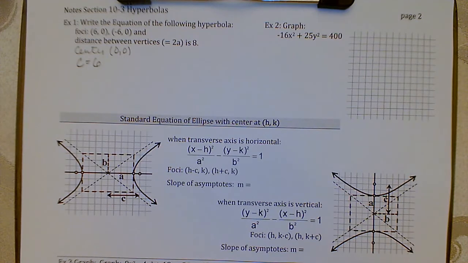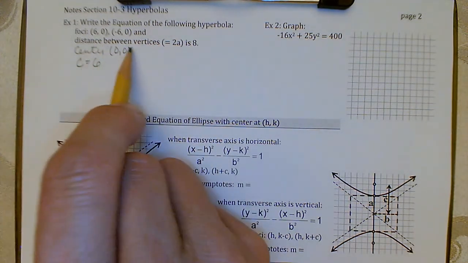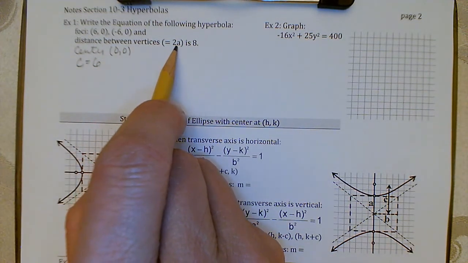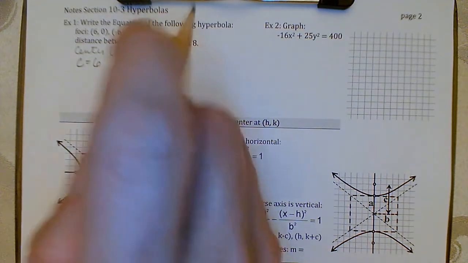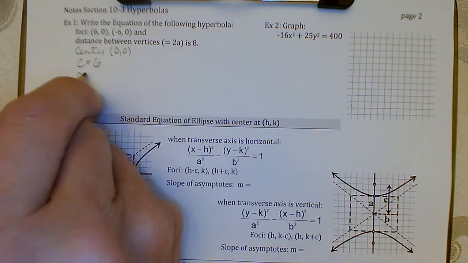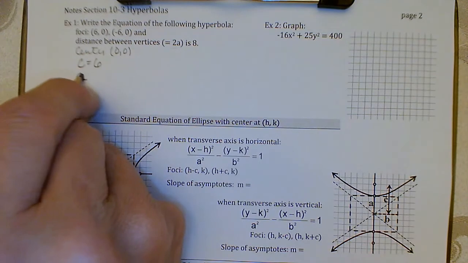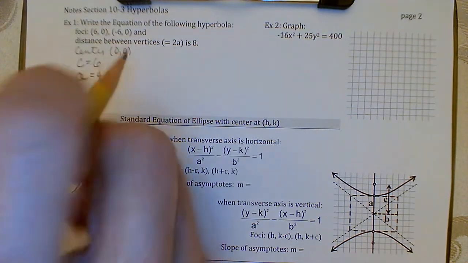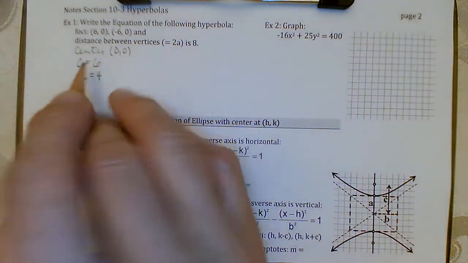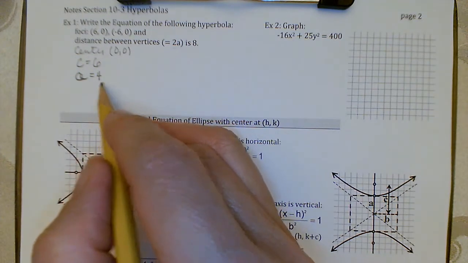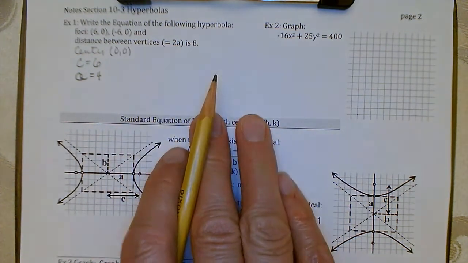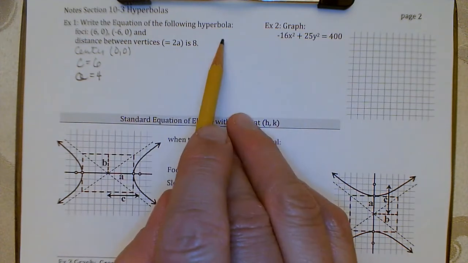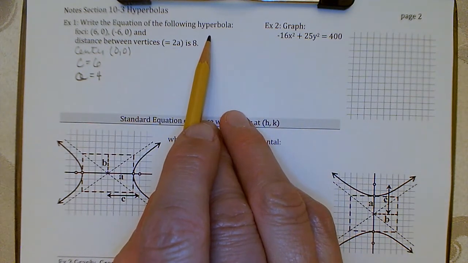All right, and then they say the distance between the vertices, and they give us a hint, that's 2a, is 8. So A is clearly 4 in this case. So we can use C and A to find our B. Well, let's back up for a second. We're trying to write the equation of the hyperbola. What do we need in order to write the equation?